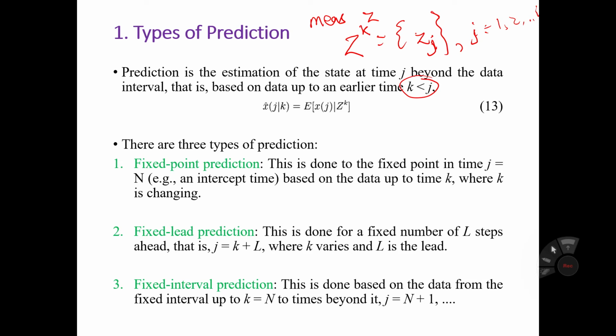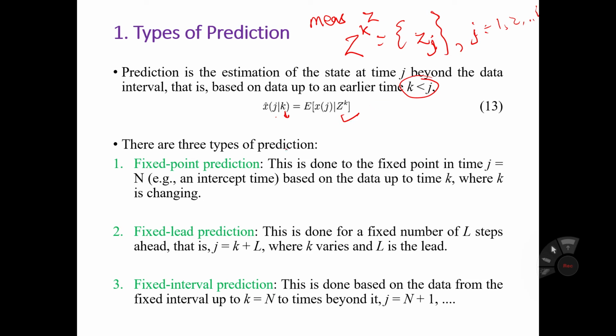So how do we give the notation for the prediction? What is the predicted value of the jth scan, conditioned on k, meaning you already know up to k, and now you are predicting for the jth scan? It is equal to the expected value of x of j conditioned on z of k. So to find the predicted value of x of j, the z of k is already known, meaning the data up to time k is known to you.